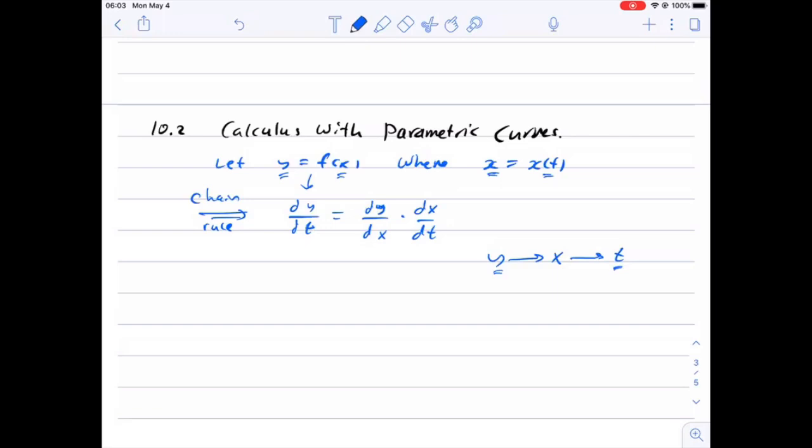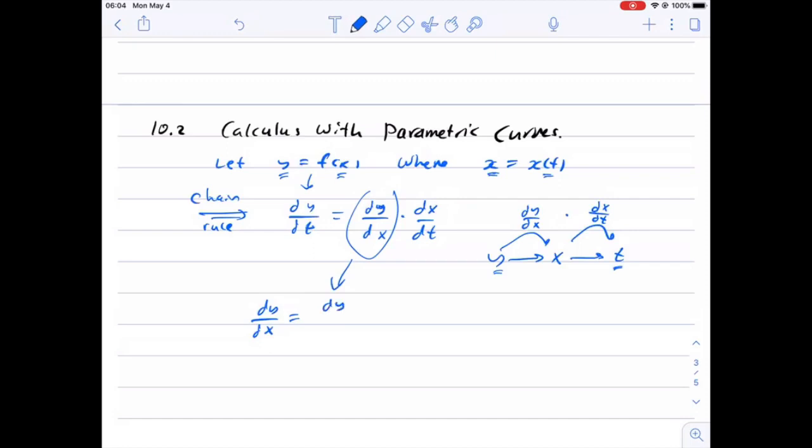So if we want to reach t from y, we first differentiate y with respect to x and then differentiate x with respect to t and multiply them. Okay, now we solve for dy over dx because we are interested in finding the tangent line, in terms of parametric equations.